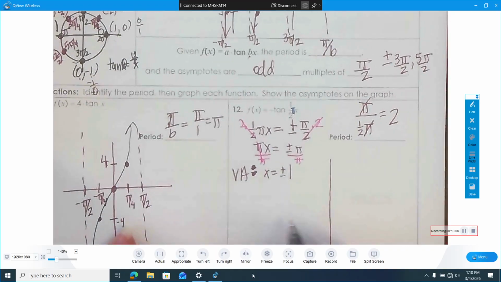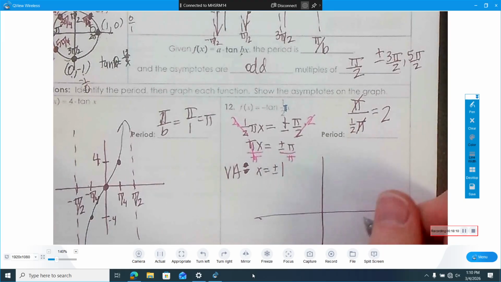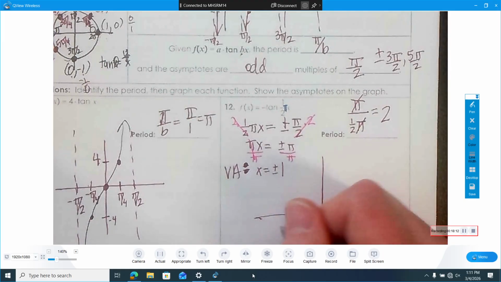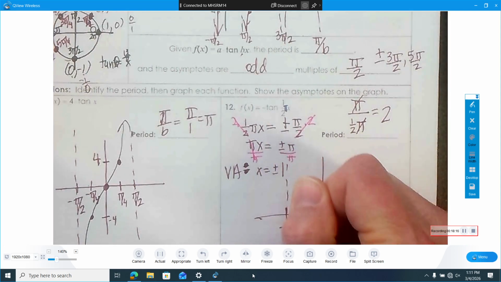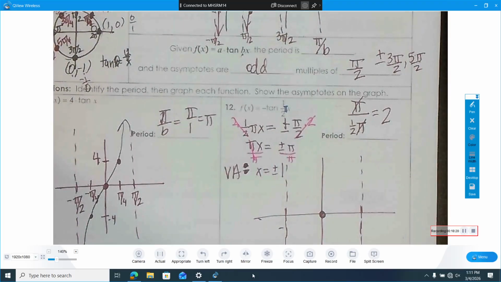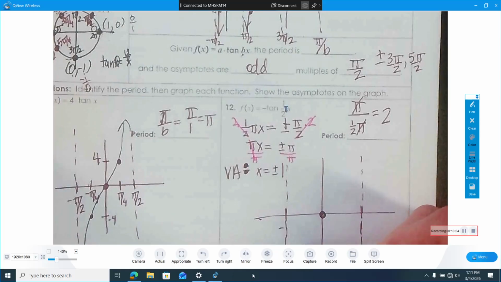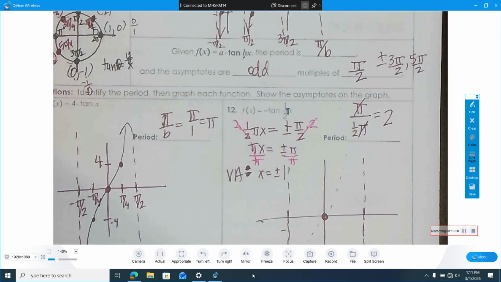And the nice thing is, I don't think I asked you to actually graph these, but here we go. So at 1 and negative 1, I have some vertical asymptotes. Normally it goes through 0, 0, so that's nice. And normally it goes toes to nose, but what does the negative do? Flips it.